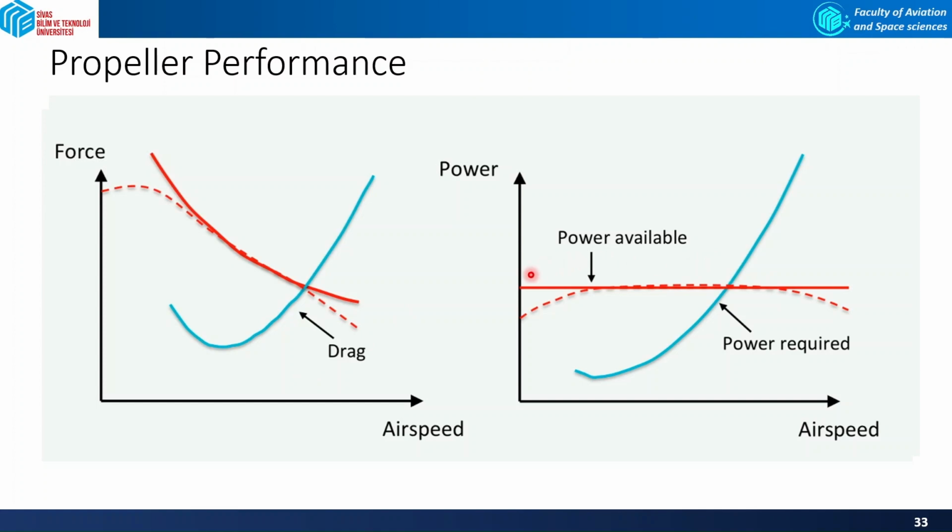So you see this is the available power which is constant. From now on, I will assume that the power available for propeller aircraft is independent of airspeed for a given flight altitude and a given throttle setting.